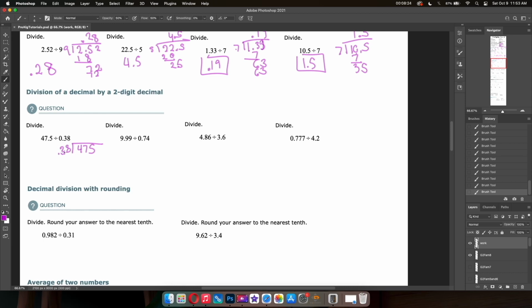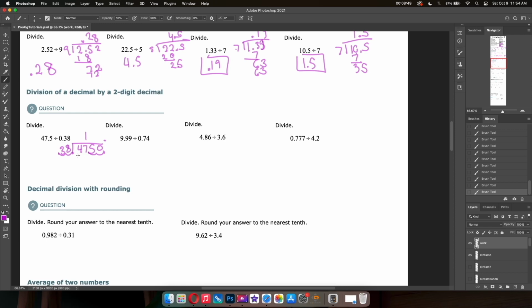Because I don't want to really deal with the decimals at all, I'm going to move the decimal over 2 spaces in order to make it so that I don't have to deal with the decimals. What I do to the outside, I have to do to the inside. So that 0.5 gets to move over 2 spaces. And with that done, this is going to be a lot easier to do the math out.